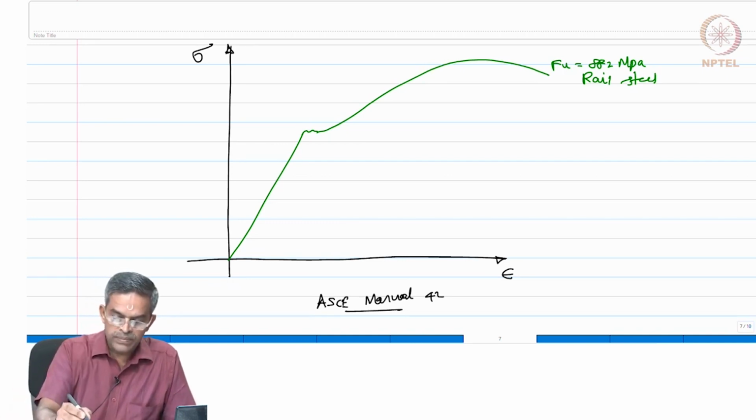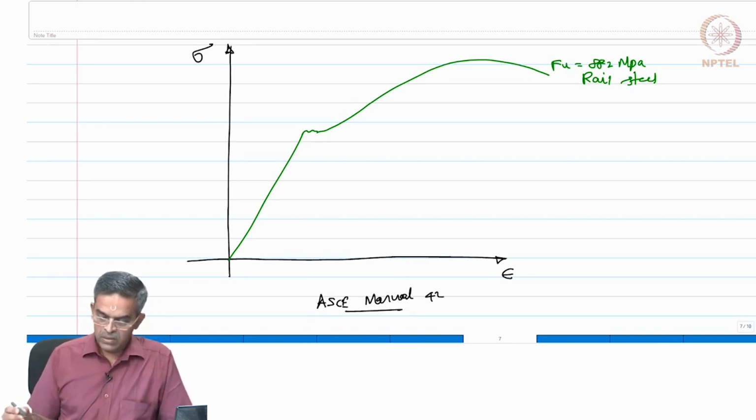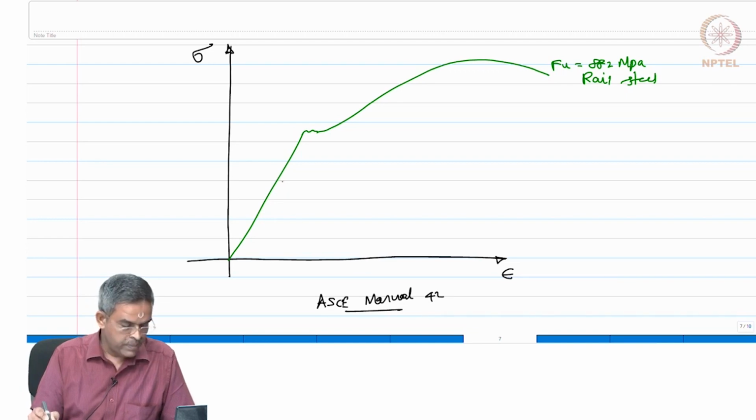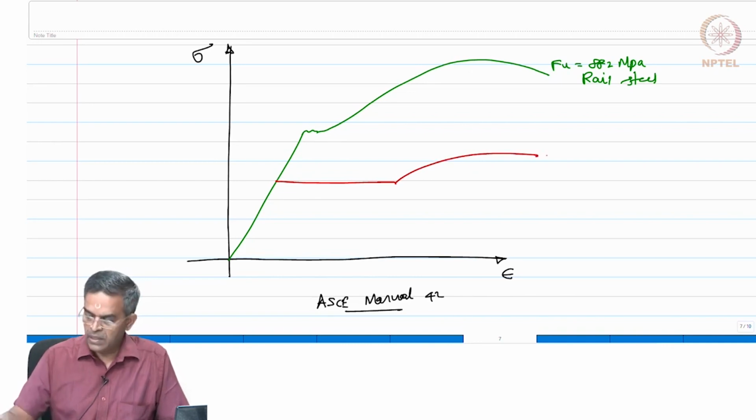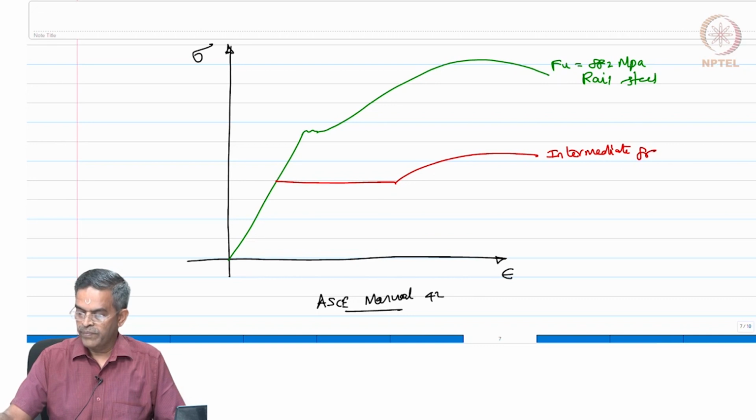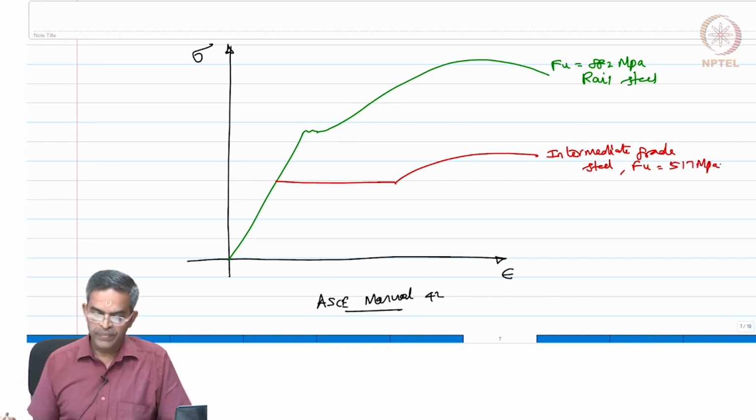The other one has the same slope but goes to a flat plateau, and this is an intermediate grade steel whose Fu is 517 megapascal.